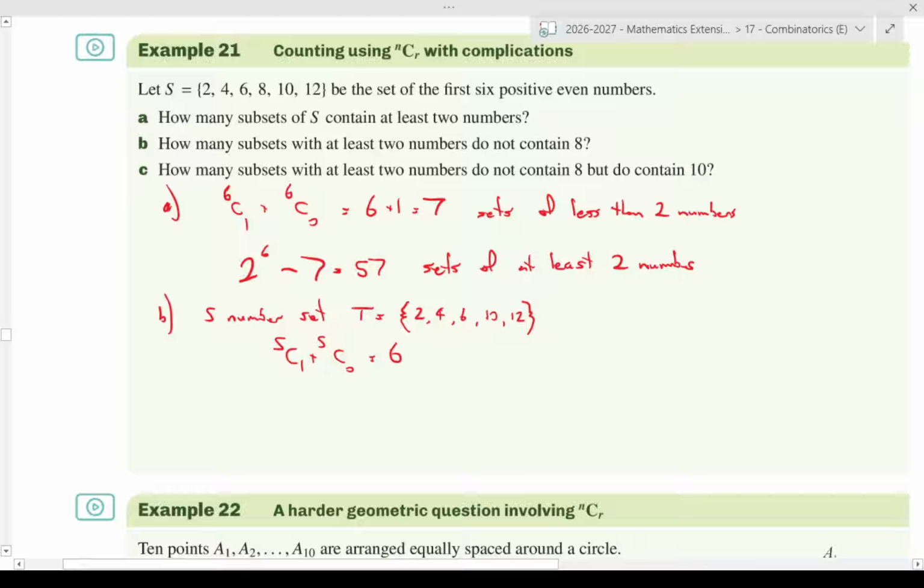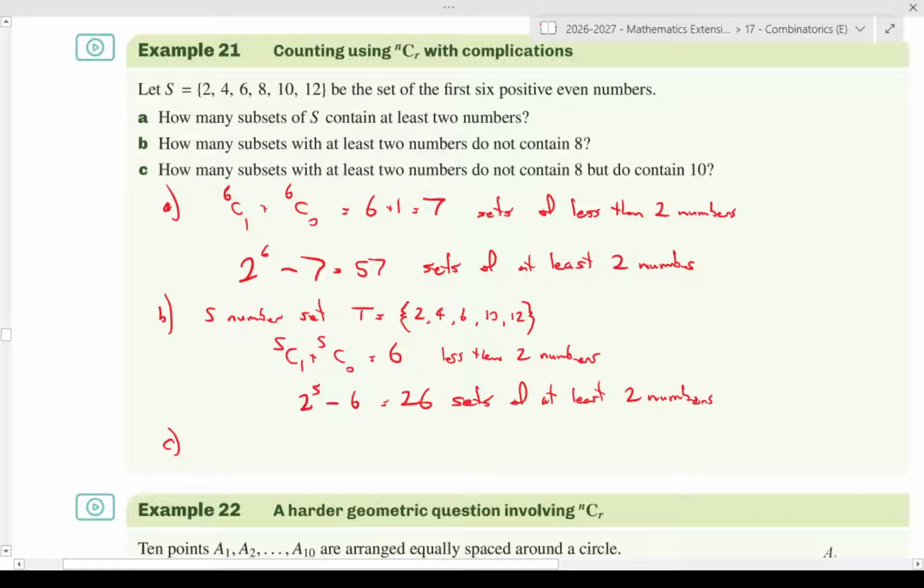So that's still sets of less than 2 numbers. All we've done is eliminate the 8. So when we're working it out, we're going to go 2 to the power of 5 minus 6, which will give us 26 sets of at least 2 numbers.